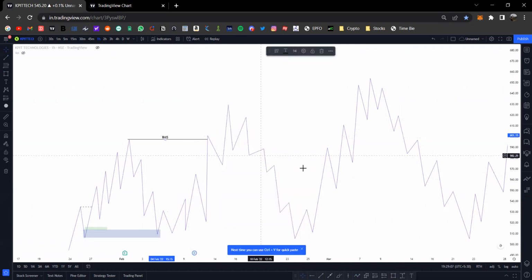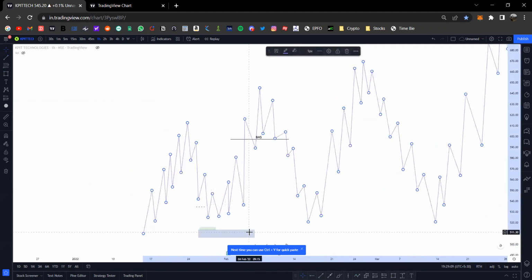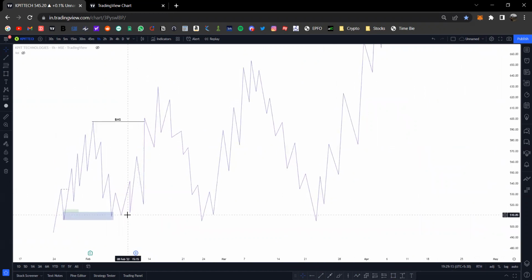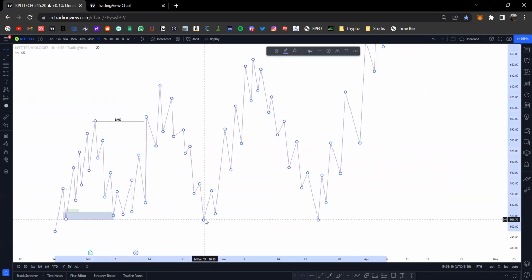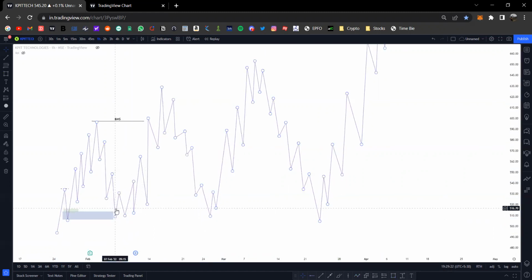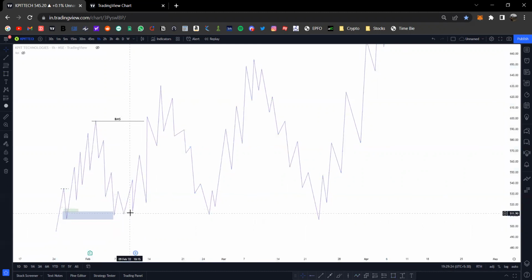We call it again, if you see, there might be another low which might still have some sort of imbalance there.